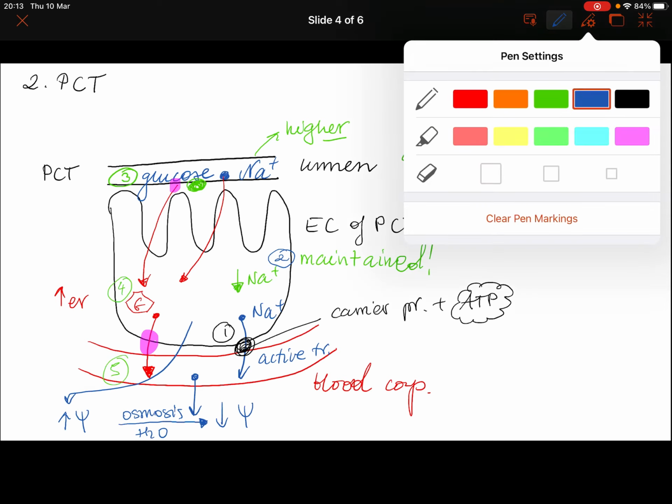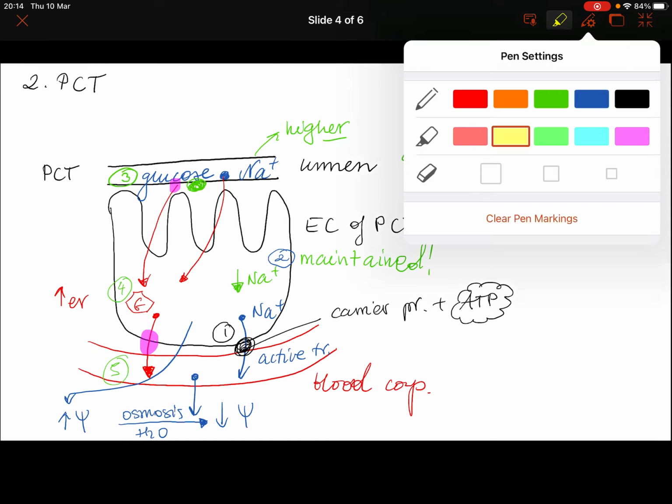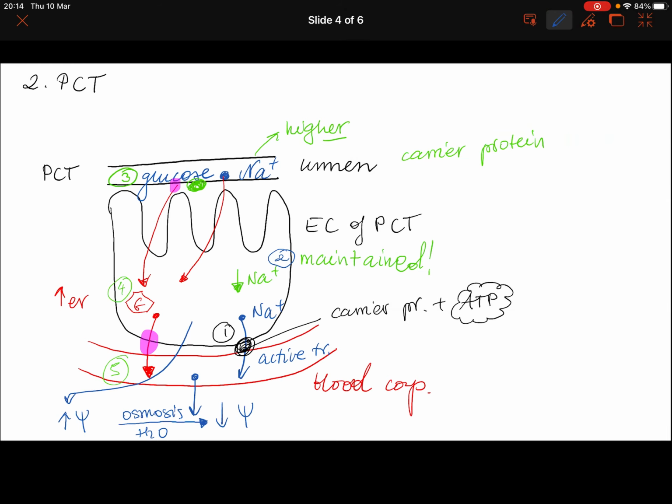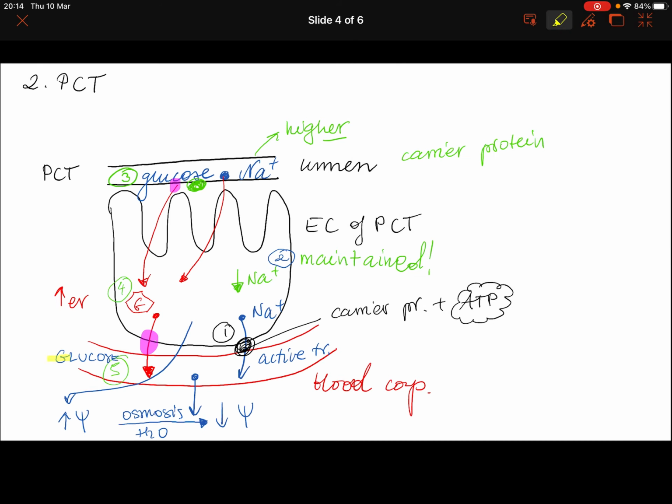When we started looking at the structure and function of the nephron, we did say that the main job of the proximal convoluted tube would be to reabsorb glucose. However, as we were doing so, glucose and sodium ions lowered the water potential in the blood capillary.